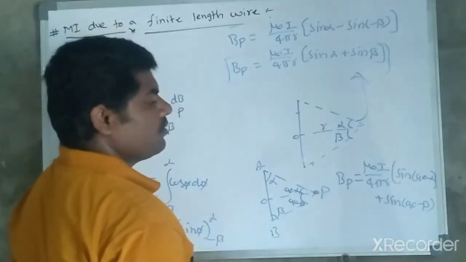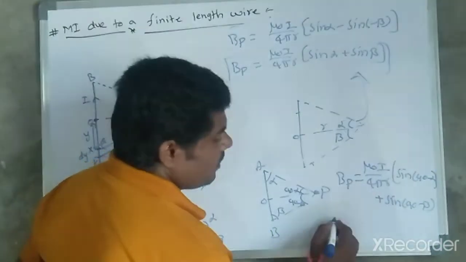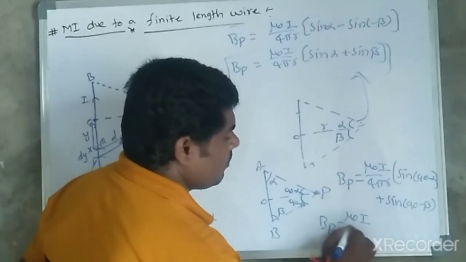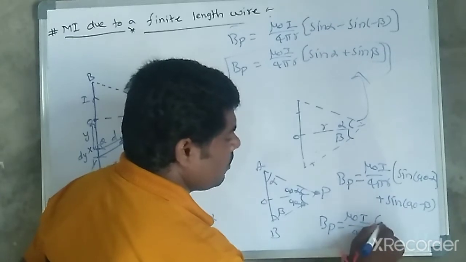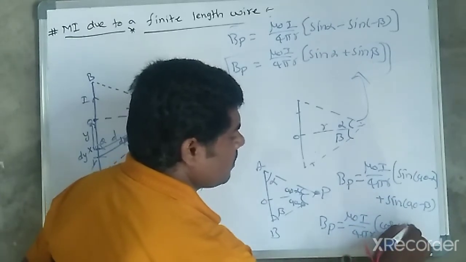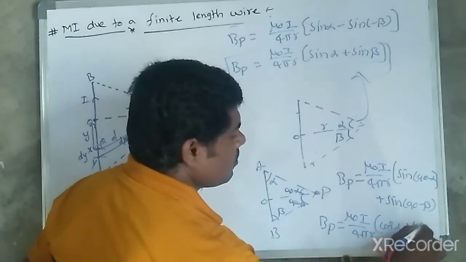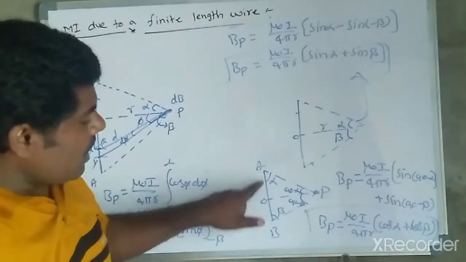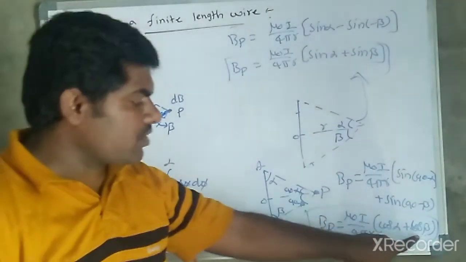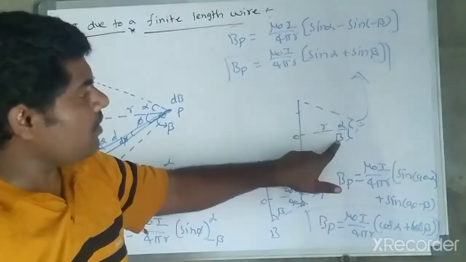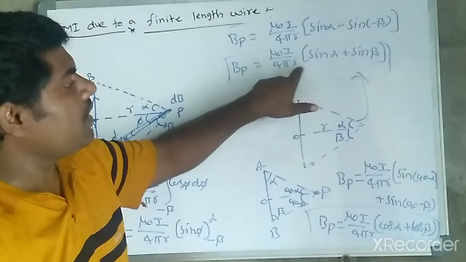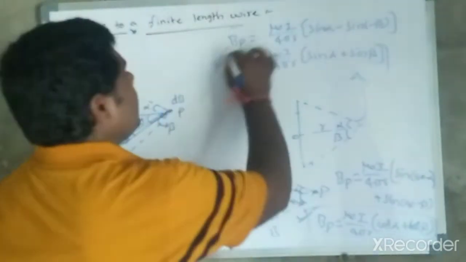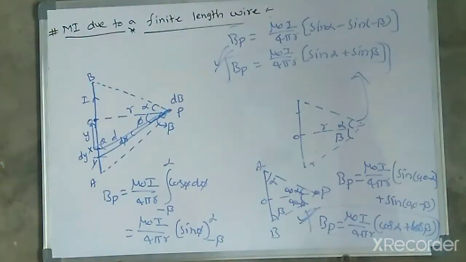You will get BP equal to mu naught I divided by 4 pi r into cos alpha plus cos beta. Whenever alpha and beta are given in the other way, it is mu naught by 4 pi r into sin alpha plus sin beta. These two formulas are very important.